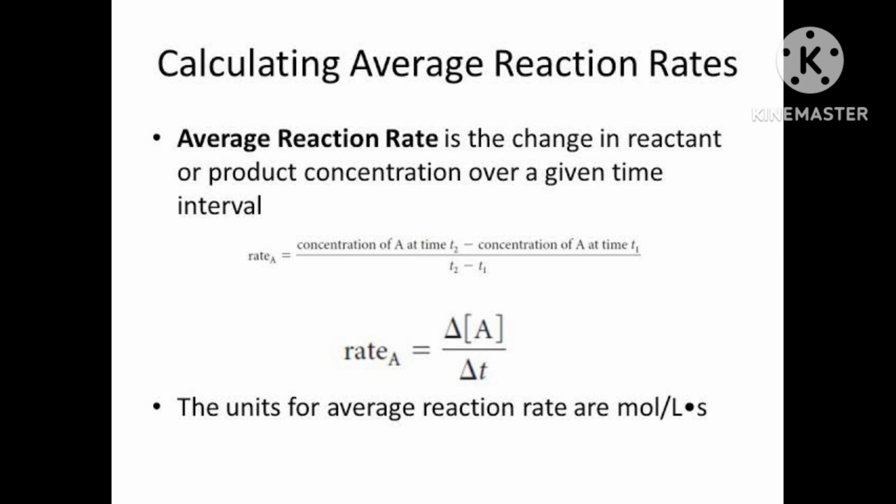Or 205 seconds. Then you will draw the graph, because data will be given. In this example that I discussed, you can draw the graph: time versus concentration, time on the x-axis and concentration on the y-axis. Then it will come as a downward curve.